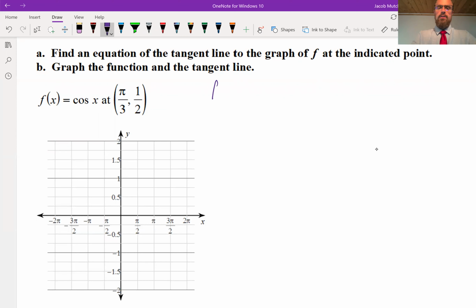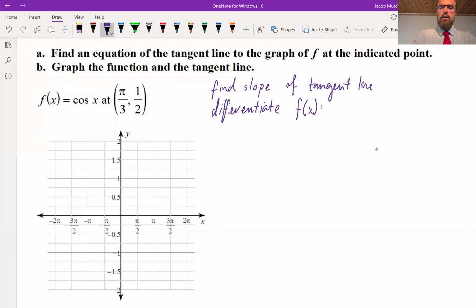So to find the slope of the tangent line, I need to find the derivative of the function. Remember, that's how we had defined the derivative at the outset, that it was representative of the slopes of all the tangent lines to the function. So we're going to differentiate f of x.